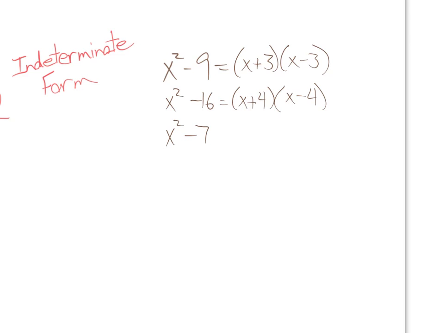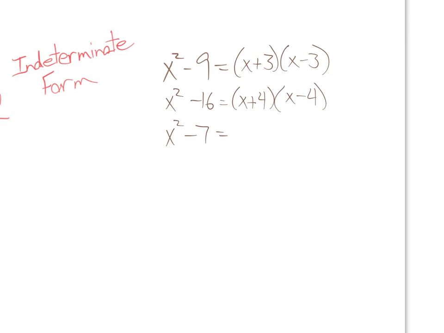What does that even mean? X plus the square root of 7 times x minus the square root of 7?